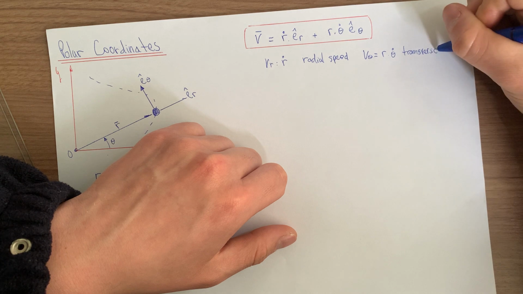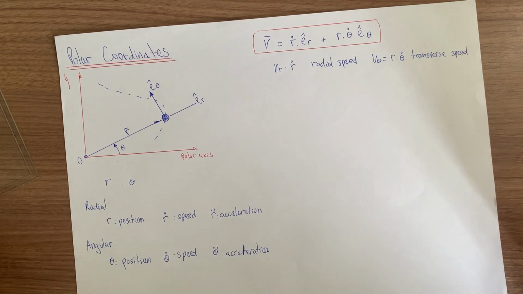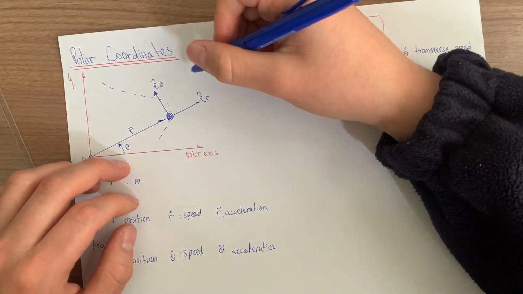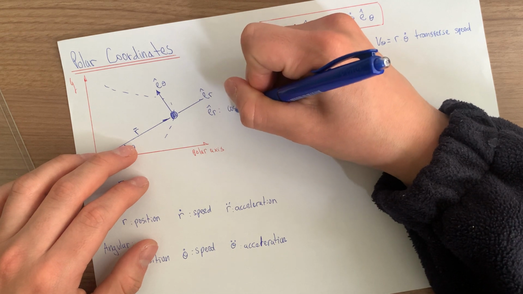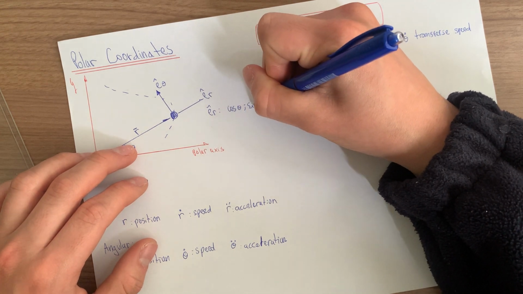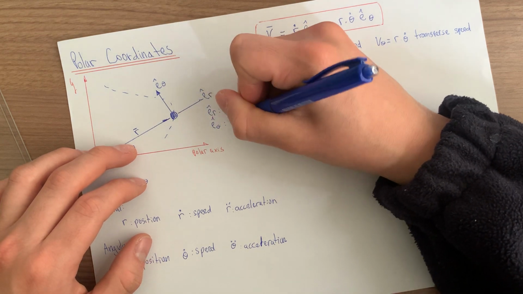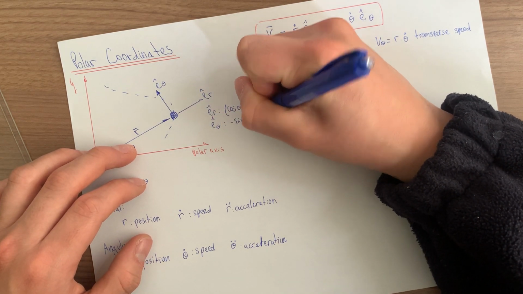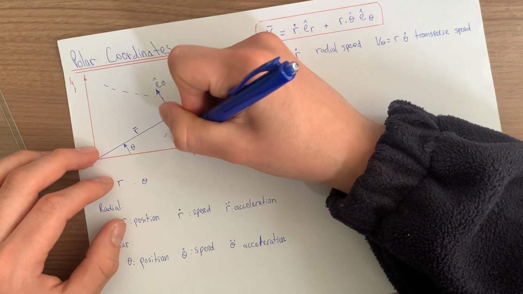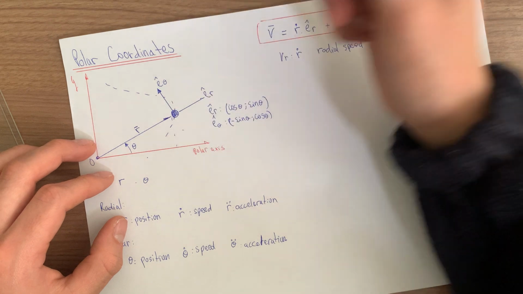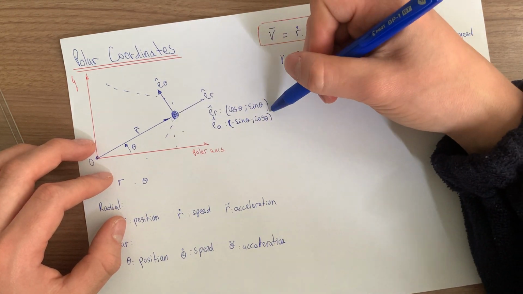Just to mention, we can express the radial vector as cosine theta, sine theta, and the transverse vector as minus sine theta, cosine theta. Like if you have a triangle, you know this is cosine, this is sine, and the transverse vector is just the first derivative of the radial vector.